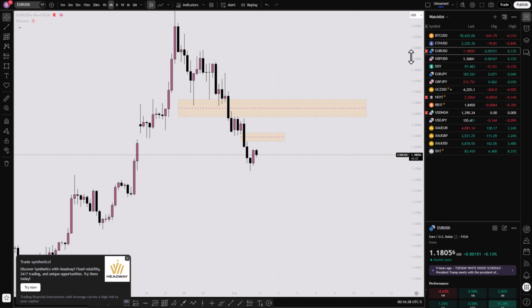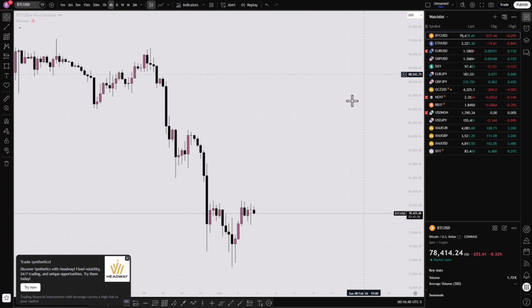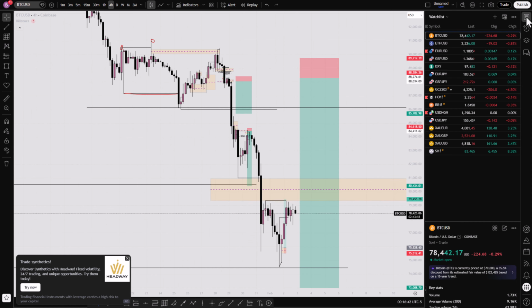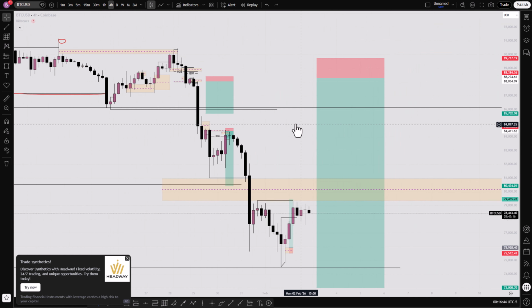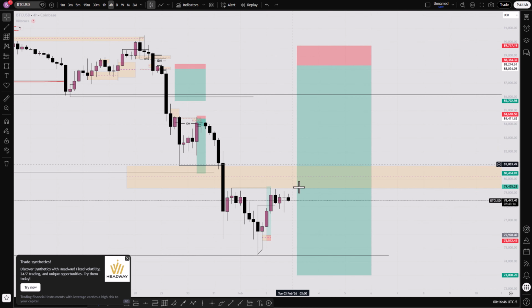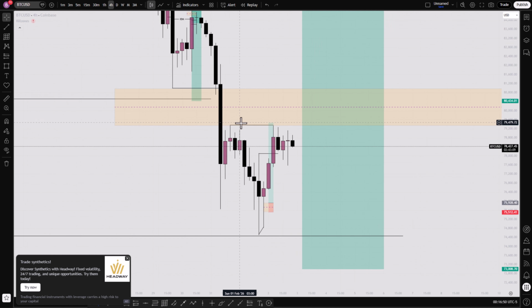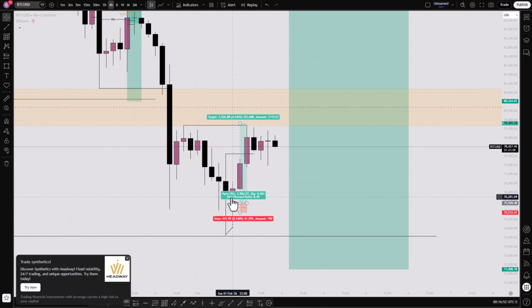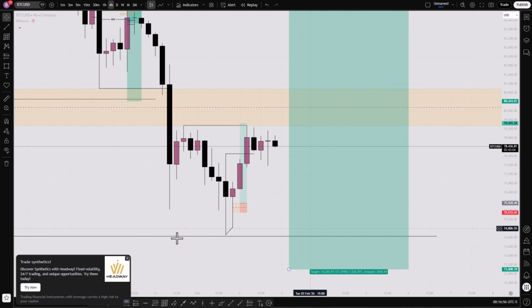Now when we look at BTC again, this is what I've been taking from the BTC market. Right now, we have this fair value gap here that price needs to enter to continue bearish.